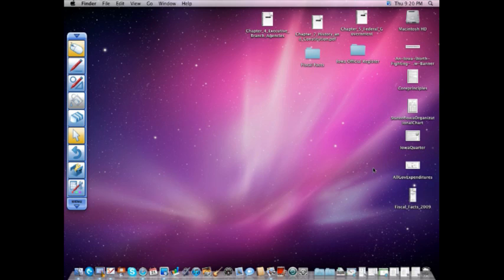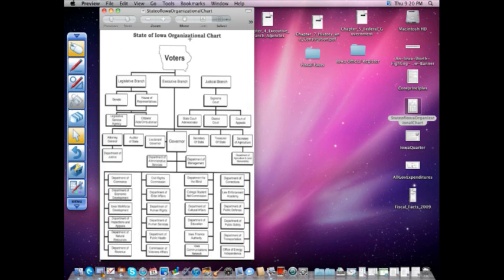We've got a state organization chart, and it's changed some. Right here, State of Iowa organization chart. And one of the first things we have to understand is the overall flow of state government. Now, this chart has changed slightly, but it's a fairly strong representation of the way state government is structured in Iowa.